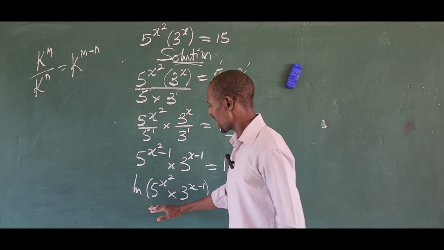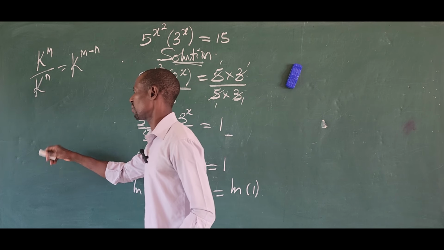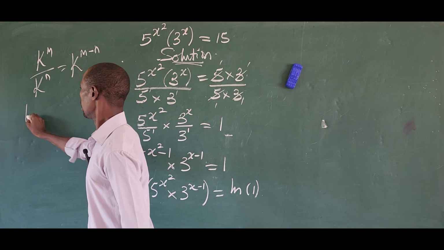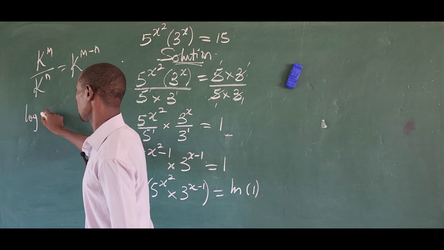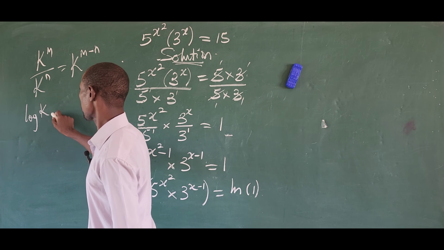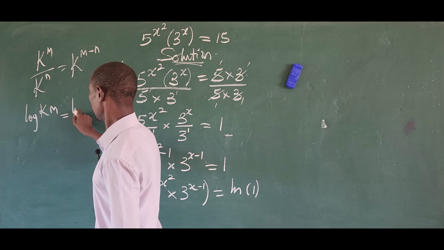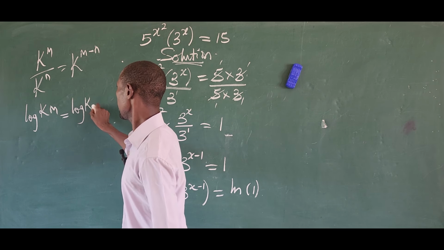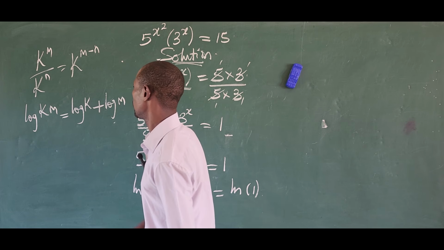Good. Here we apply the multiplication law of logarithm, which says that if you have log of k times m, base 10, this is equal to log k plus log m, right?